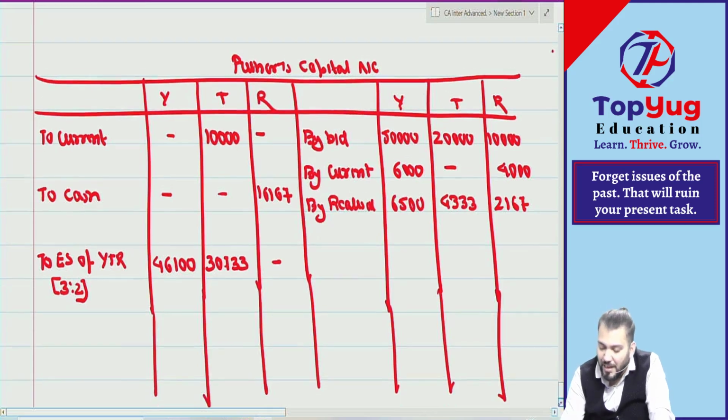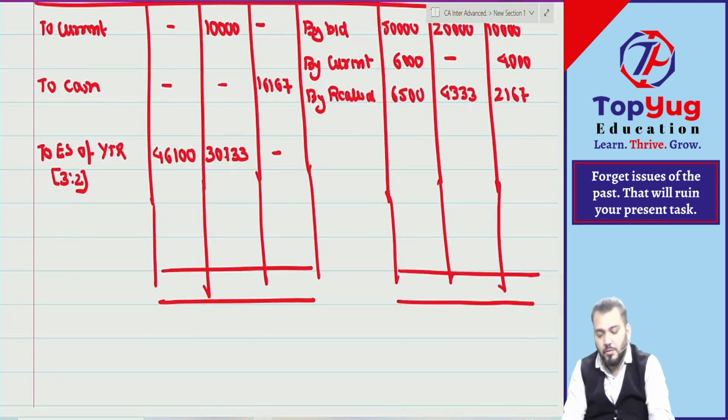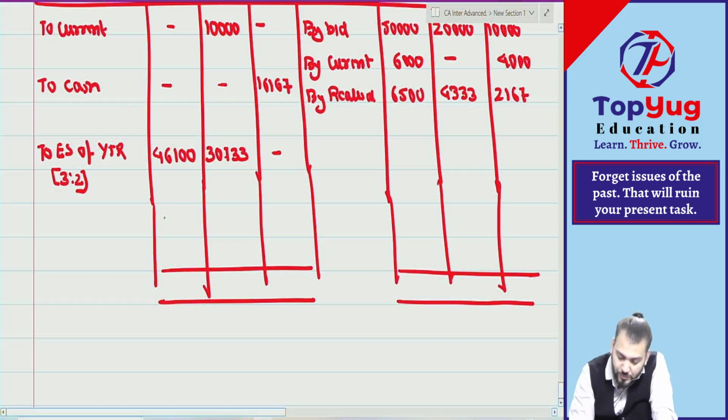Now, what is the balance of this account? Find out. Yes, how much? 16,000. And here how much? 16,000.